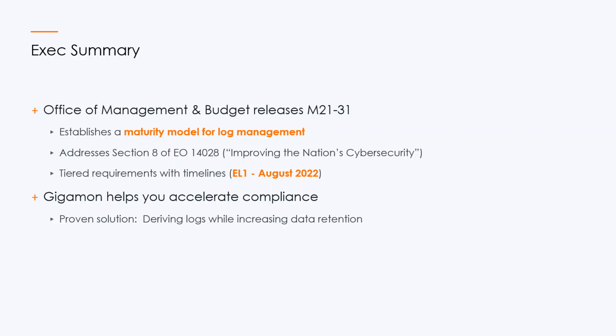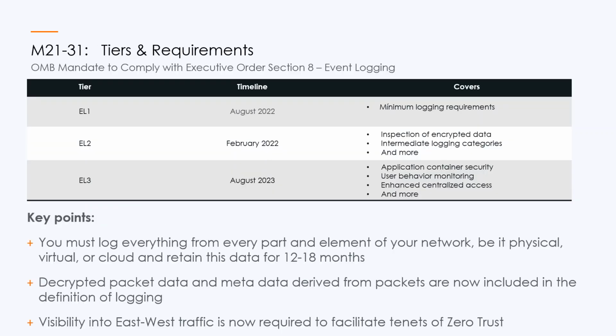So with no further ado, Matt, please take us through a summary of the different tiers in M21-31 and then those key points that you were able to take away. Sure. So M21-31 lays out 3 enhanced logging categories, which are achievement tiers. The amount of data that's being required is extensive. And with EL1 and EL2, you can really say that we need to log everything from every part of the network, be it physical or cloud or virtual.